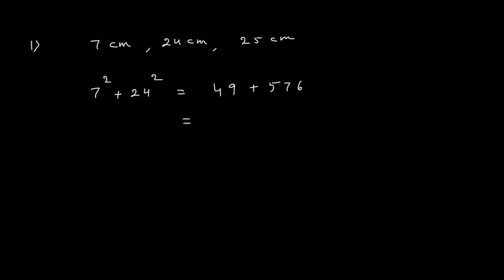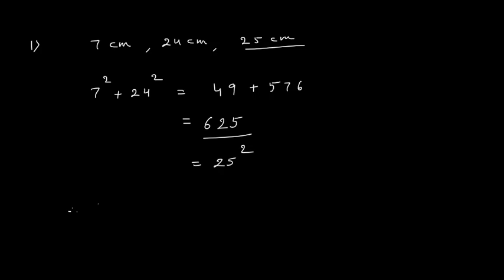Now 6 plus 9, 15, 1 carry, 7 plus 1, 8, 8 plus 4, 12, again 1 carry, 5 plus 1, 6. So this is 625. Now this 625 is the square of 25, and the third side is 25. So I will say these are the sides of a right angle triangle.